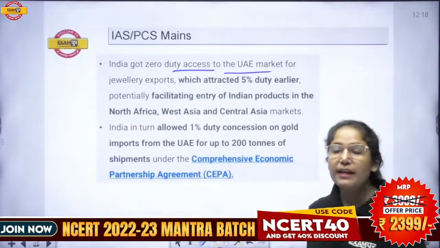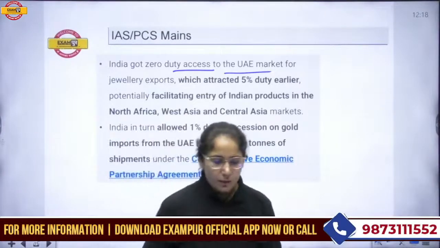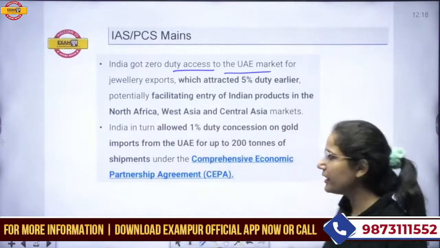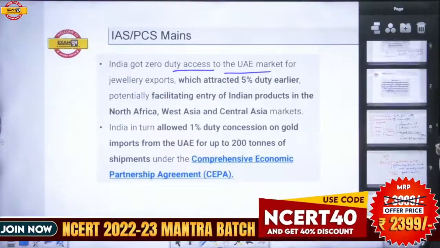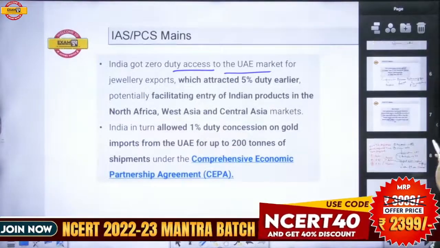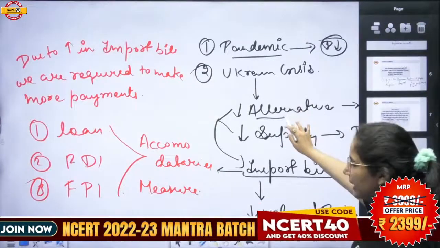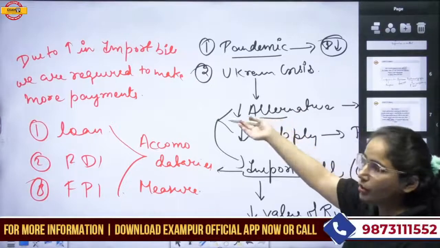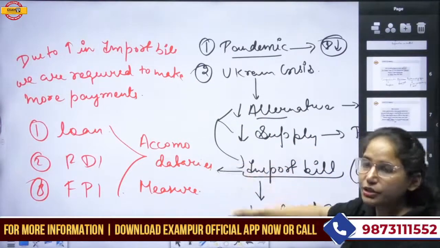We have to make a capital outflow due to the upgradation in the import bill we are facing right now. I have already elaborated on that point, what kind of situation we are going through. This situation is making a decline in the alternatives. We used to import coal and these kinds of energy sources earlier.